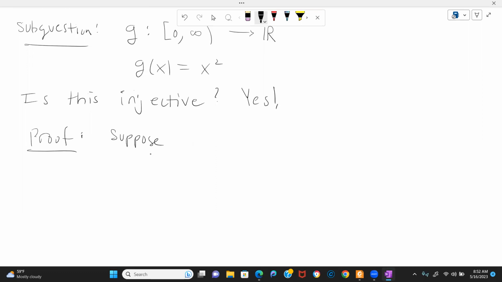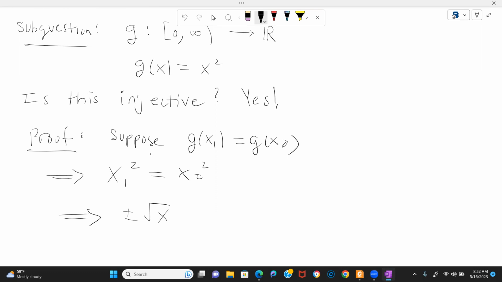We're going to suppose g(x1) is equal to g(x2), and then we want to show that x1 is equal to x2. Now, if g(x1) is equal to g(x2), that implies x1 squared is equal to x2 squared. Now we're going to take a square root.